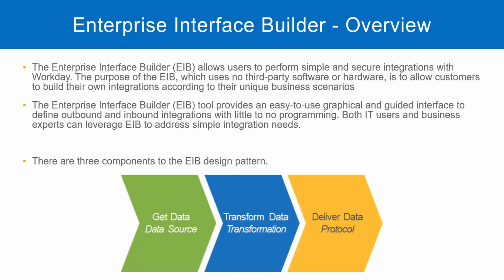That is something we have to configure. Do we need transformation? If yes, configure that. If no, leave it blank and then deliver the data. How are we going to send the data to an external system? So we have to configure that as well. So once we do these 3 steps, our EIB is ready. We are going to start exchanging information from Workday with an external system.